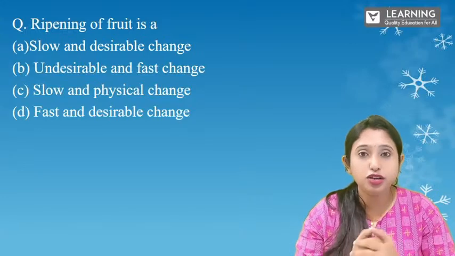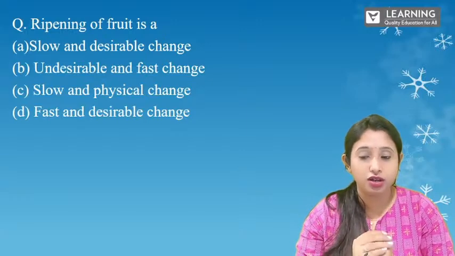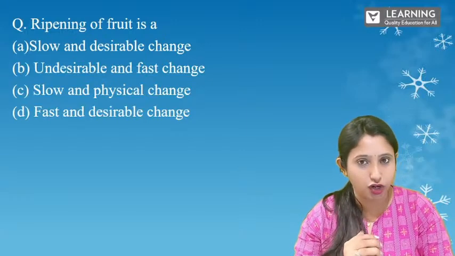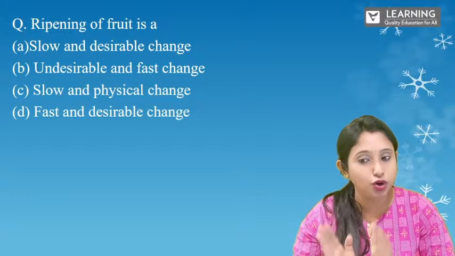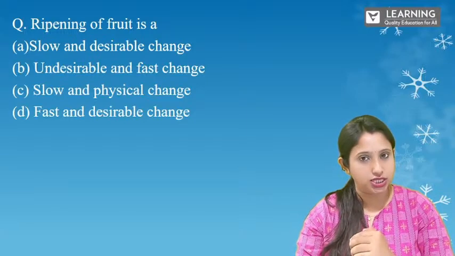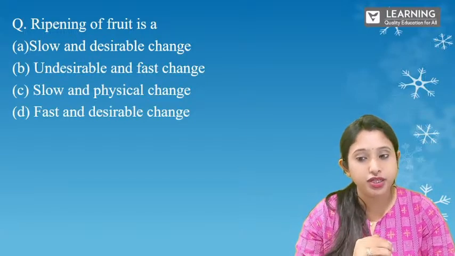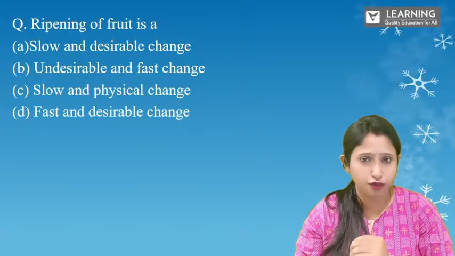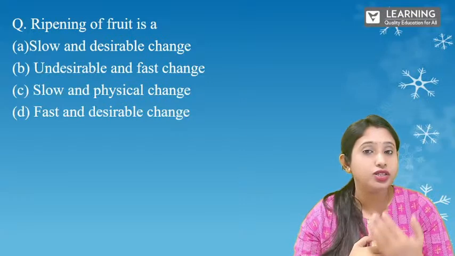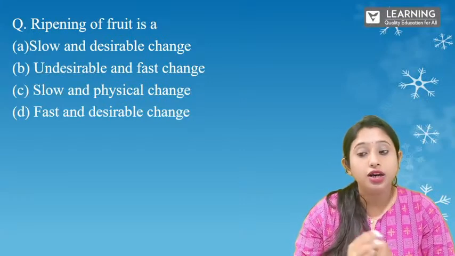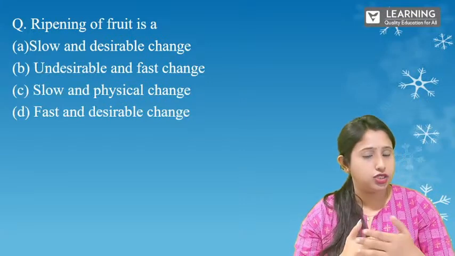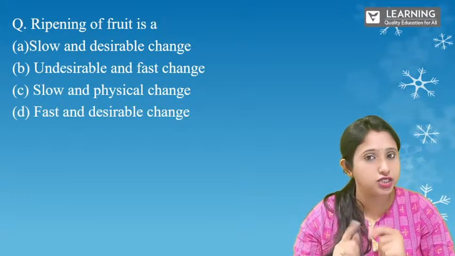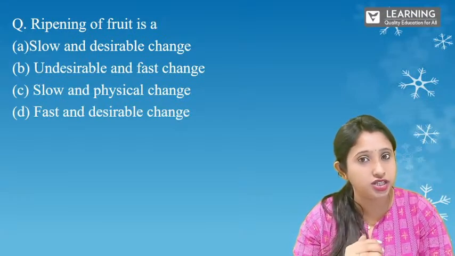So ripening of fruit, let us see the options. Option A is slow and desirable change. Clear? Option B is undesirable and fast change. No, it's not a fast change, right? It requires time, so it's slow. Option C is slow and physical change. No, it's not a physical change, it's a chemical change.